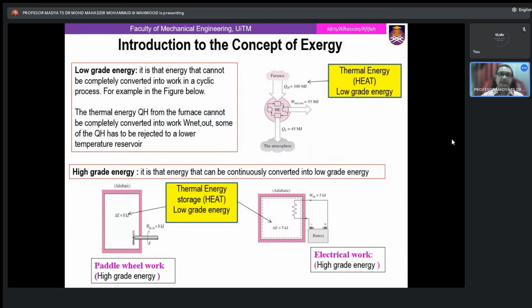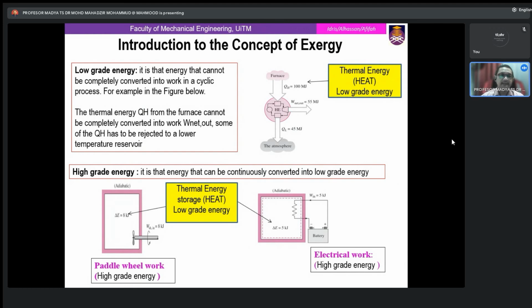Now let's go to the introduction to the concept of exergy. Before explaining what the definition of exergy is, let me first introduce to you the low grade energy and also high grade energy.